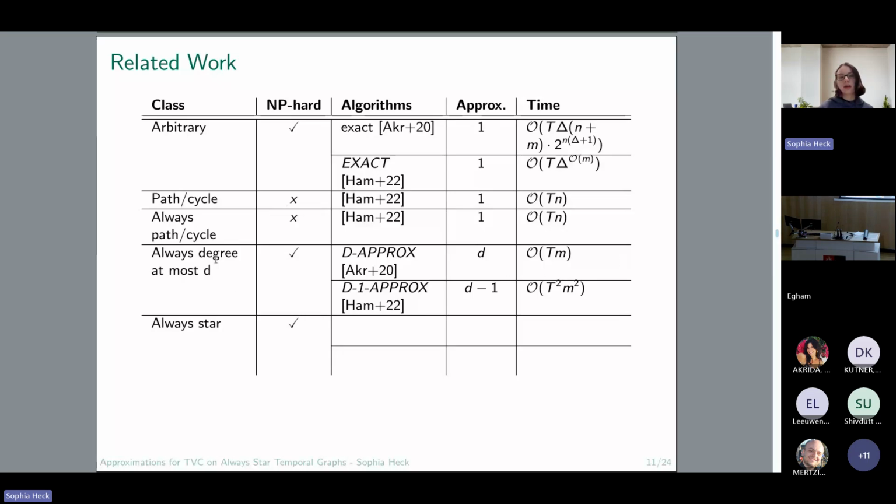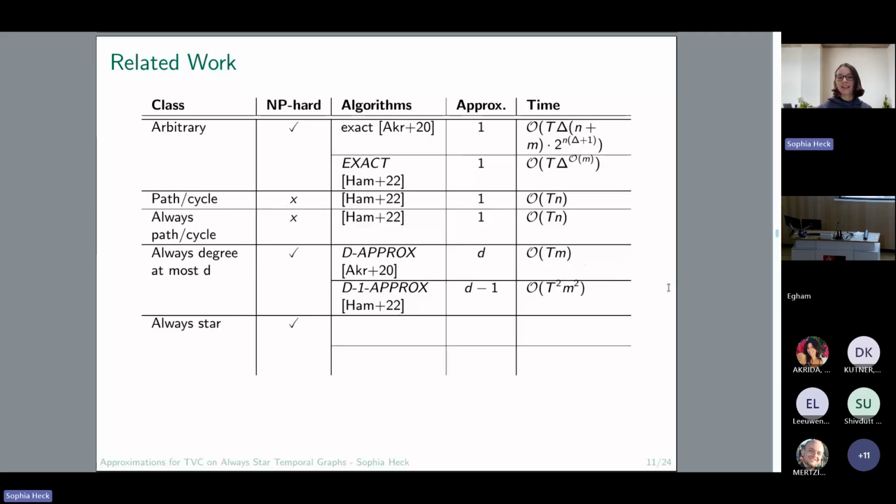And in the case of always degree at most D, the problem remains NP-hard, but there are known approximations where we can get a D approximation in time T times M and a D-1 approximation in time T squared M squared, where T is the lifetime and M is the number of edges.